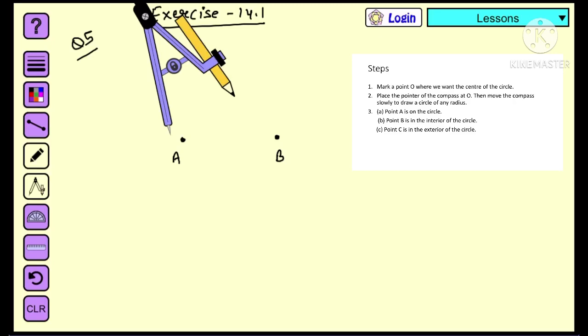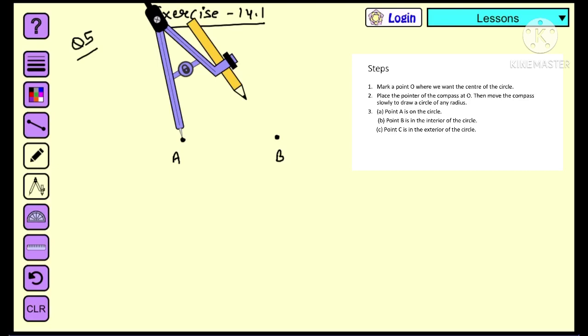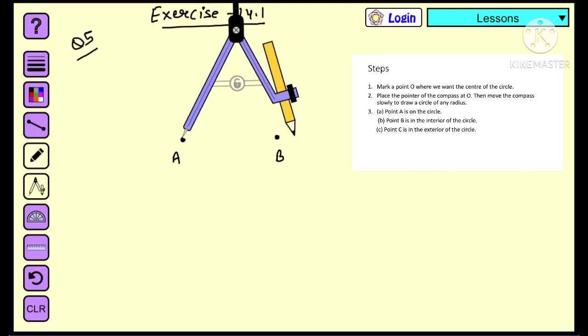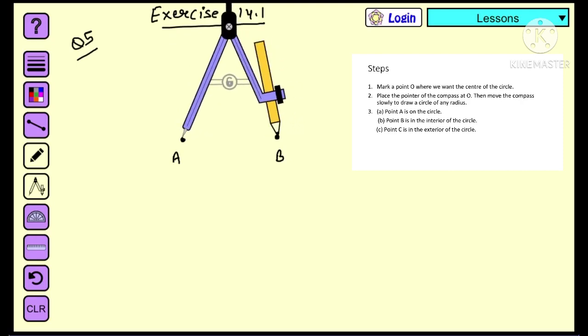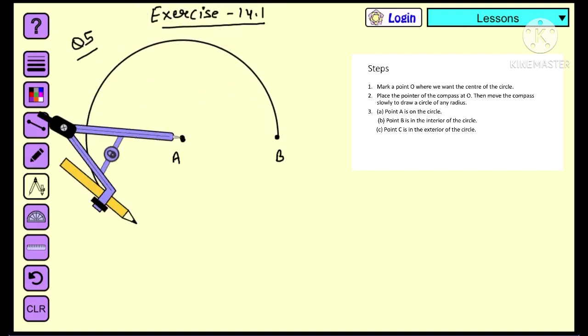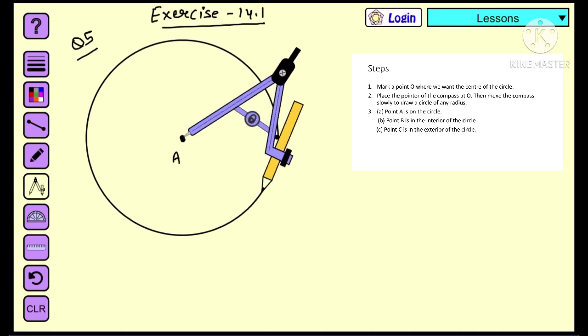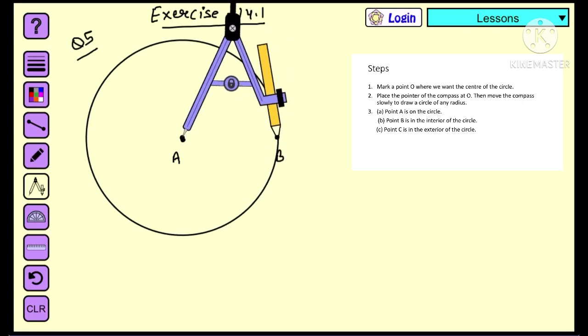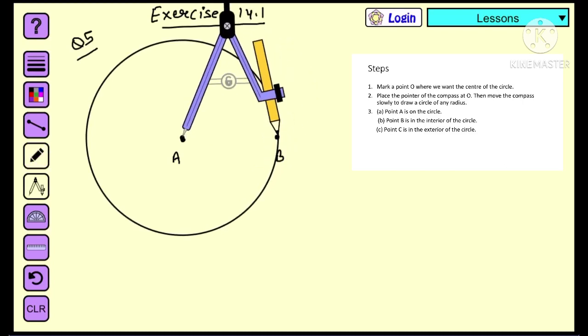Then taking point A as center, measure up to AB. Taking A as center, draw the circle which passes through B. Now repeat the step.